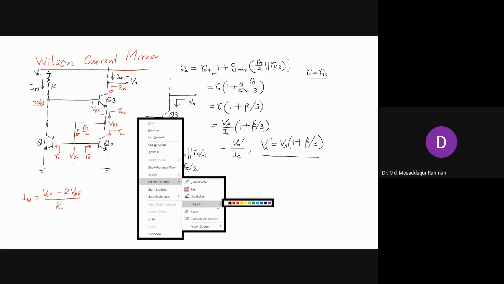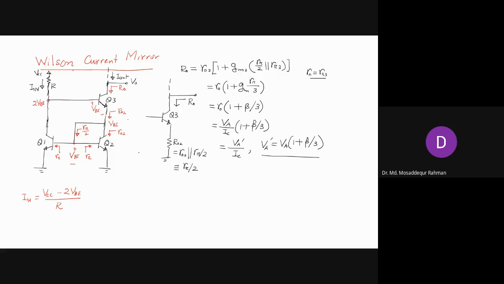Because of this little twist in the circuit, I in is only supplying the base current of Q3, IB3. This part goes to IC1, and the other part goes to IB3. So it is supplying the base current for basically only Q3.